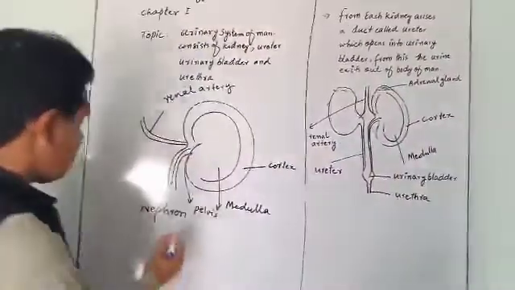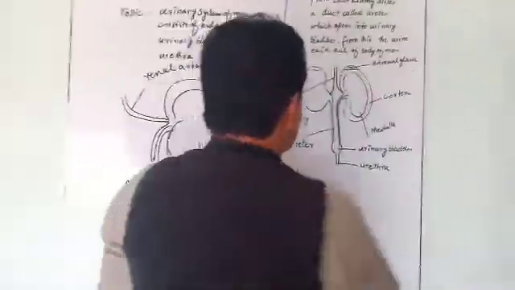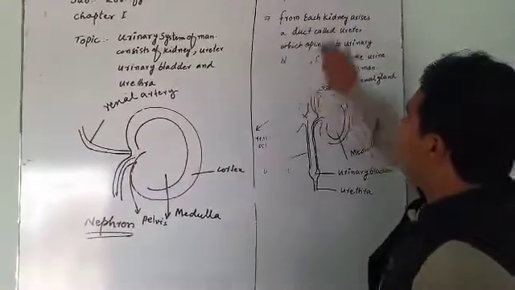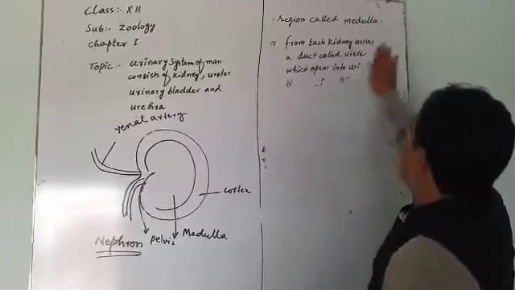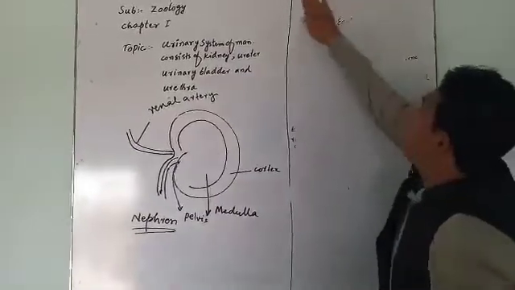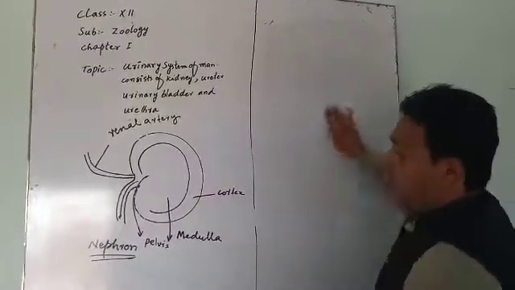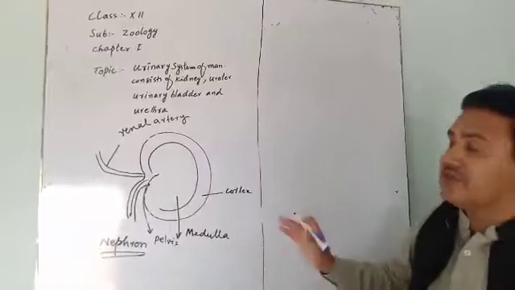Now, what is nephron? First of all, I have to draw the diagram of the nephron. The function of nephron is to filter the blood. You can say nephrons are the basic units of kidney.